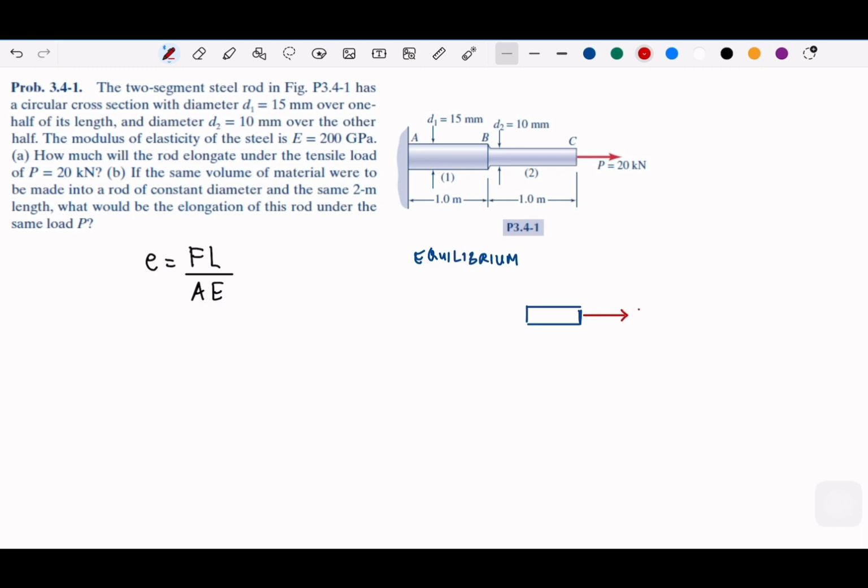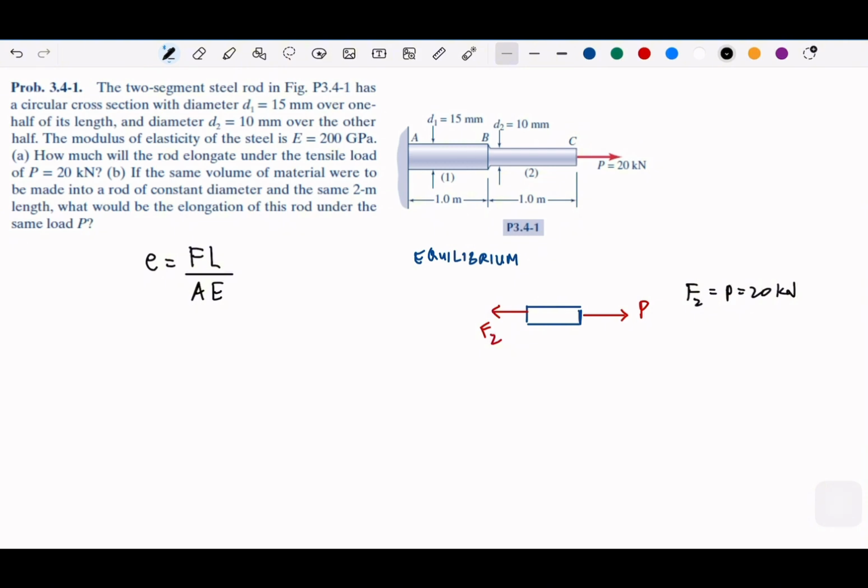So this will be 20, or P, and we have a reaction force. Let's name it F2, and we know that it's equal to the 20 kilonewton.